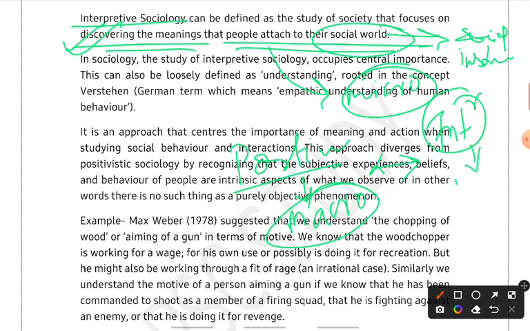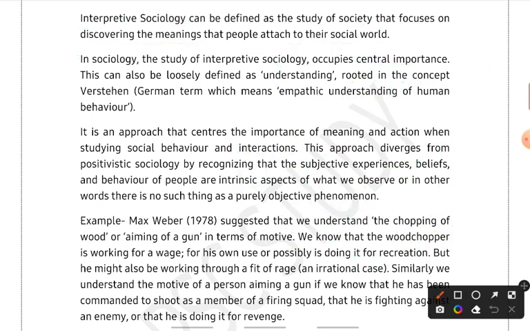Weber was the major propounder of it, and he tried to build a micro sociological approach based on micro study, that the individual's meaning attached to a particular institution needs to be studied in order to understand that institution properly, because the understanding and human consciousness might differ from person to person. So obviously the institution for me and for you cannot be the same. The meaning attached to that particular institution cannot be the same.